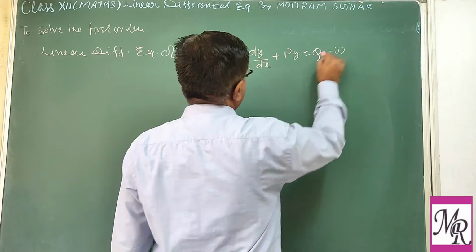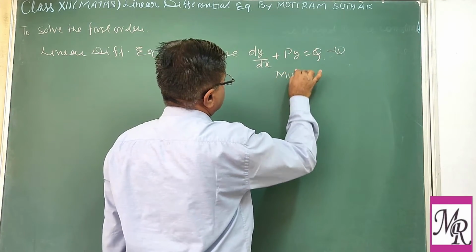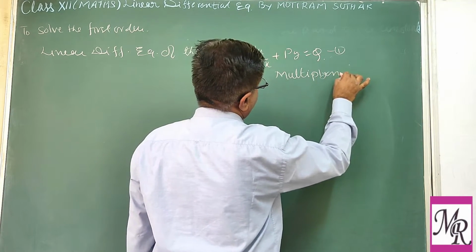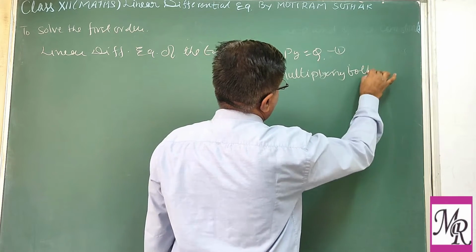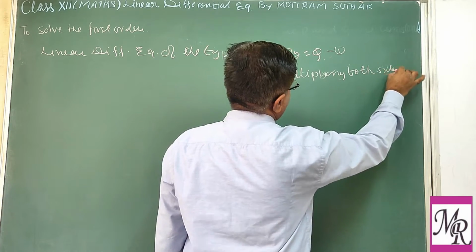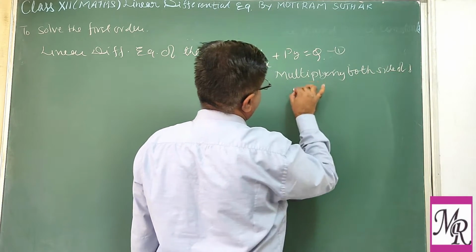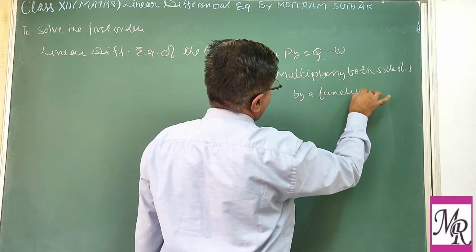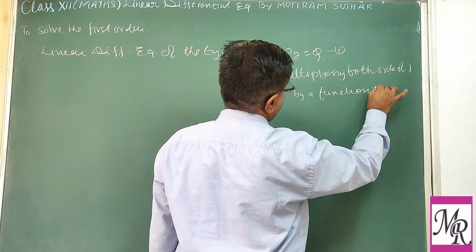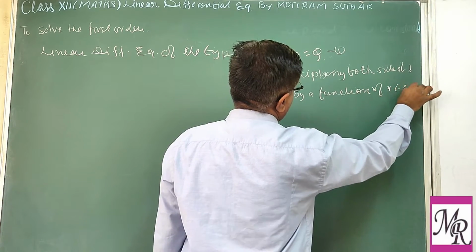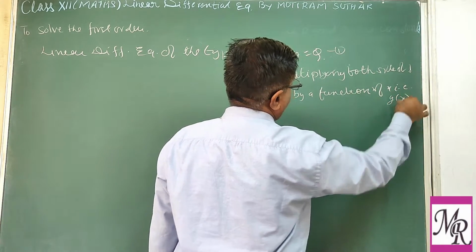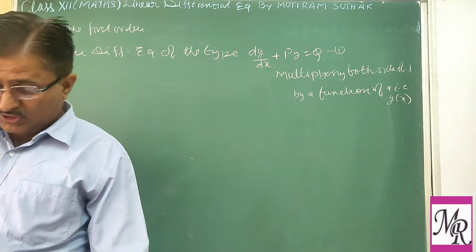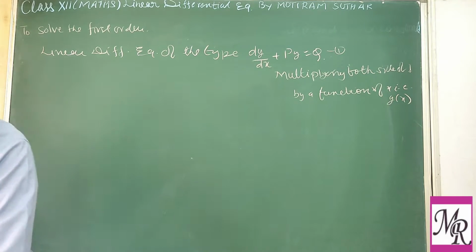So multiply both sides by a function of x. That is, suppose we take a function in variable x, that is g(x).